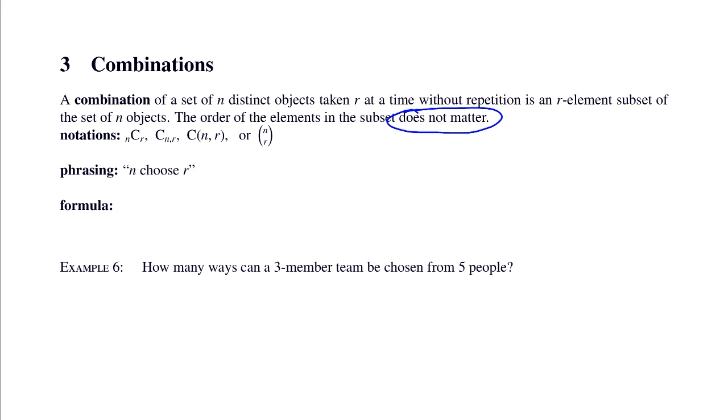The formula for a combination starts off like the permutation formula. But then you have to divide by something else. And as it turns out, what you are doing when you form a combination is you are taking the permutations and grouping them by the ones that have the same thing.